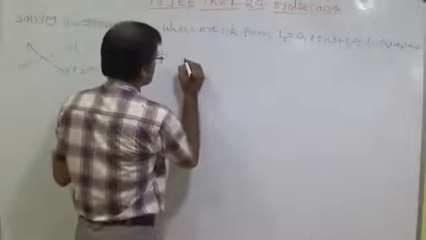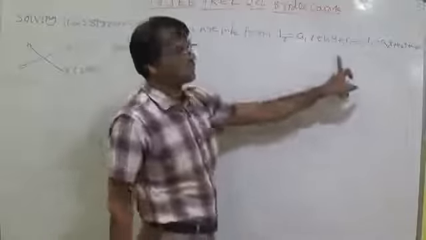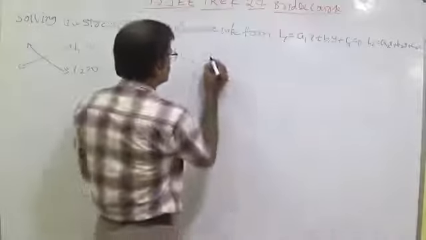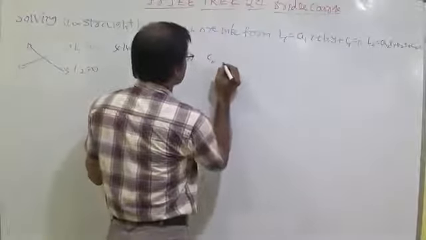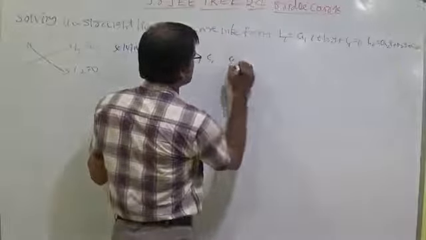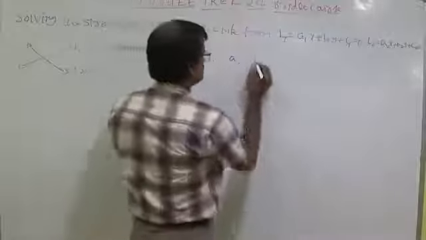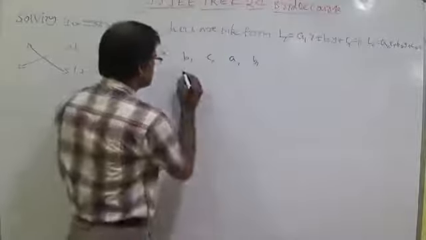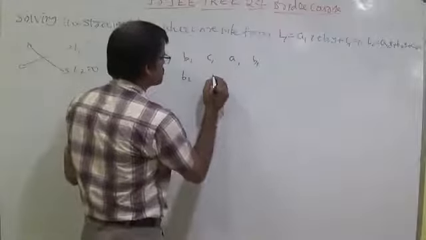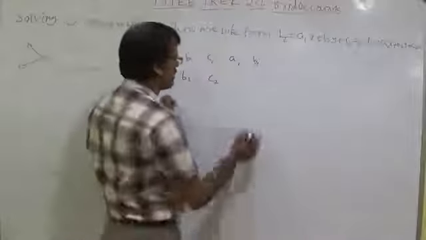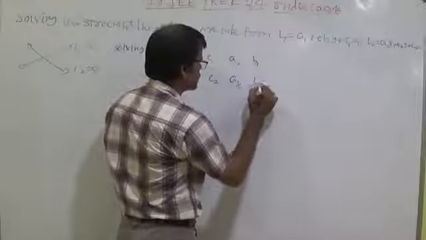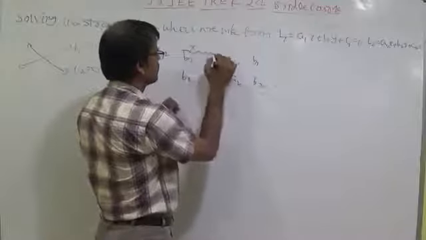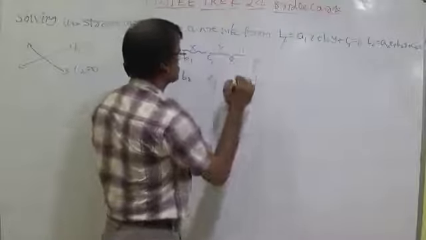For the first one you write the coefficient of y, it is B1. Next you should put C1. Next you should write the coefficient of x. Next you should write the coefficient of y once again. Once again, in the similar way, for the second line you should put B2, coefficient of y, and the constant, and coefficient of x and coefficient of y. This is the process. This is for x, this is for y, this is for 1.